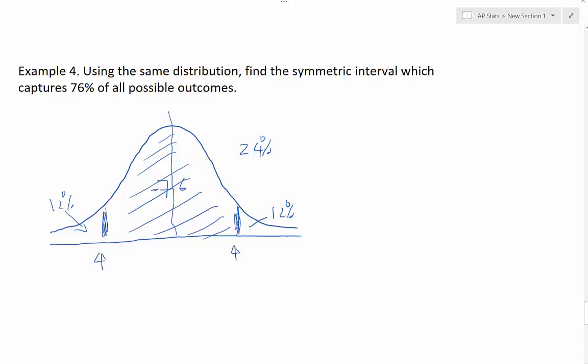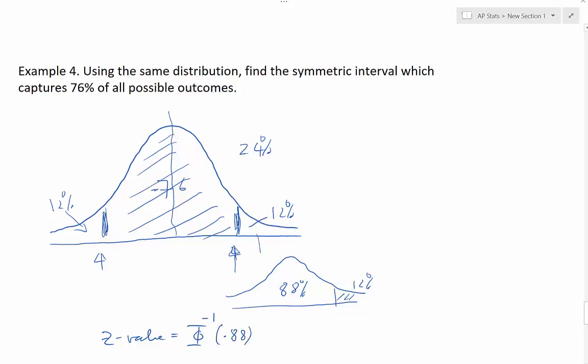So if there's 12% in the top tail, the area below it must be 88%. So the Z value associated with this is the Z value associated with 88%.